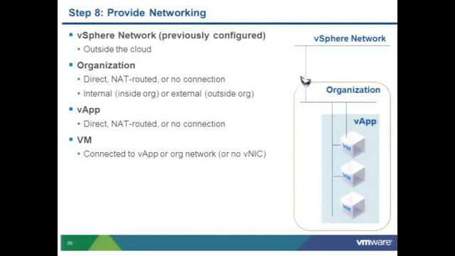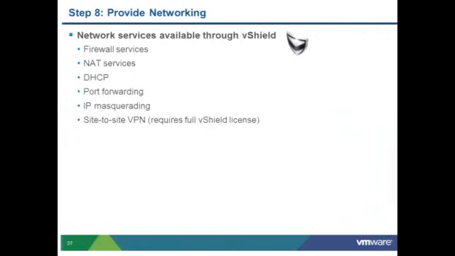And when you see NAT routed, it pulls up a vShield Edge appliance automatically for you. So you see that little Edge device there. So when you choose NAT routed, it automatically spins up an Edge device that provides these additional capabilities on the network, these services. There's firewall, NAT, DHCP, port forwarding, IP masquerading.